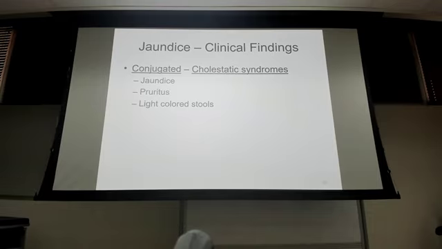Boards test it all the time. Cholestatic syndromes, patient presentation with jaundice. It's conjugated, they have pruritus and light colored stools, which is different from the other two slides we just discussed.